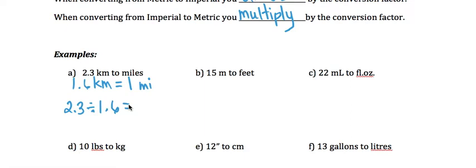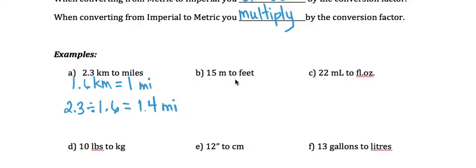So those calculations will come into play there, but you know how to convert between decimals and fractions, so that's an important thing to look at. So 2.3 divided by 1.6 gives us approximately 1.4, and this will be approximately 1.4 miles. So 2.3 kilometers is about the same as 1.4 miles.